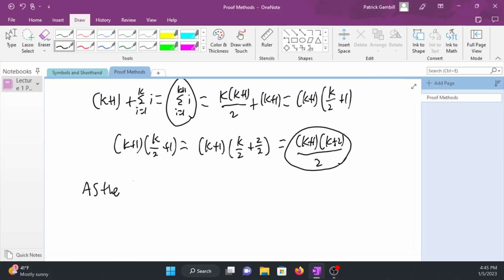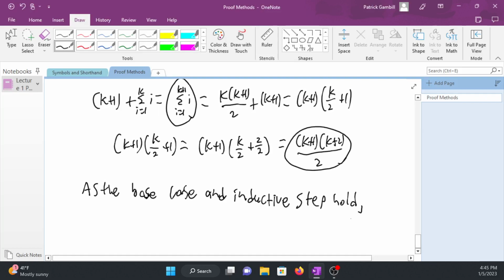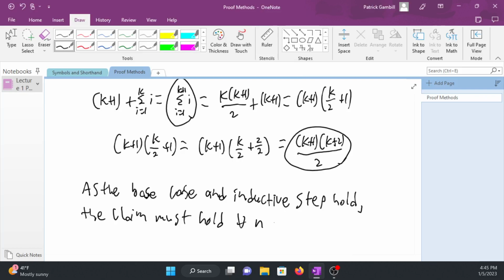As the base case and inductive step hold, the claim must hold for all n greater than or equal to 1 by induction or something. Just make sure you're stating that you're using proof by induction. That's good enough. You did the proof.